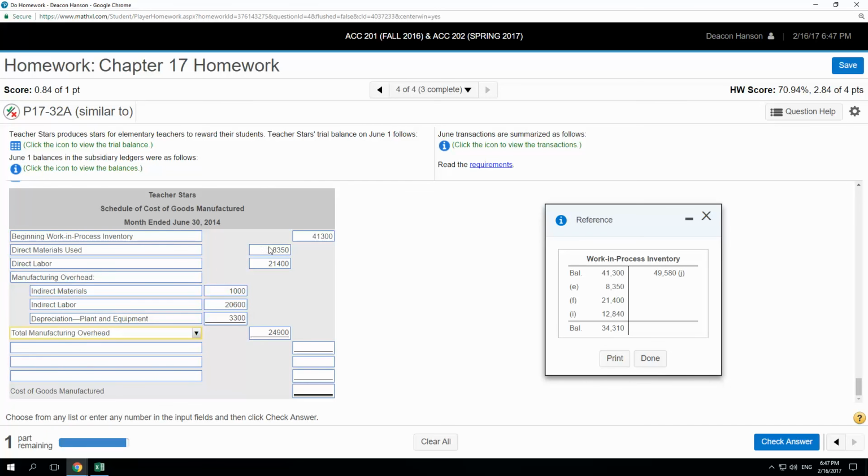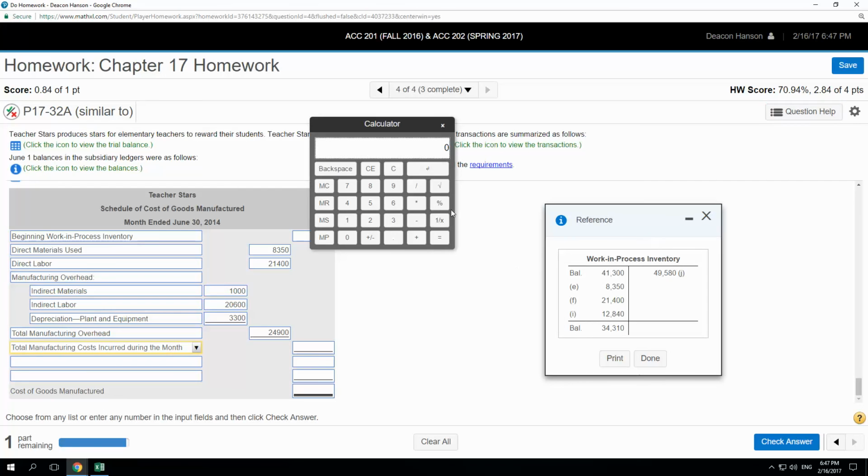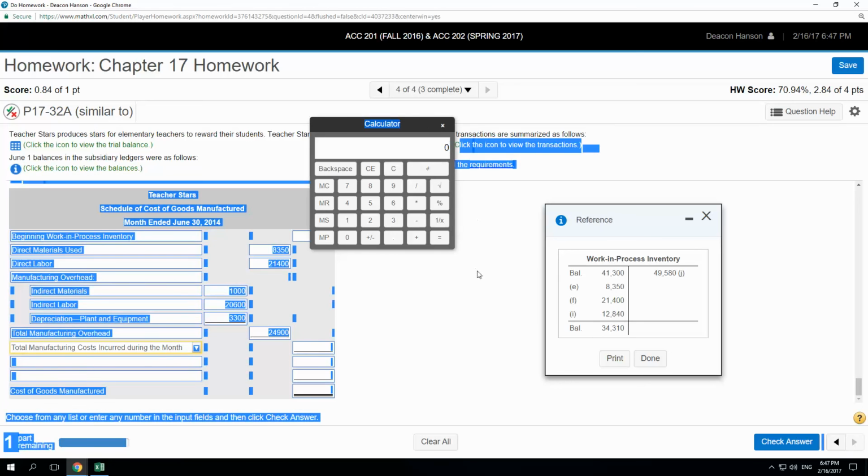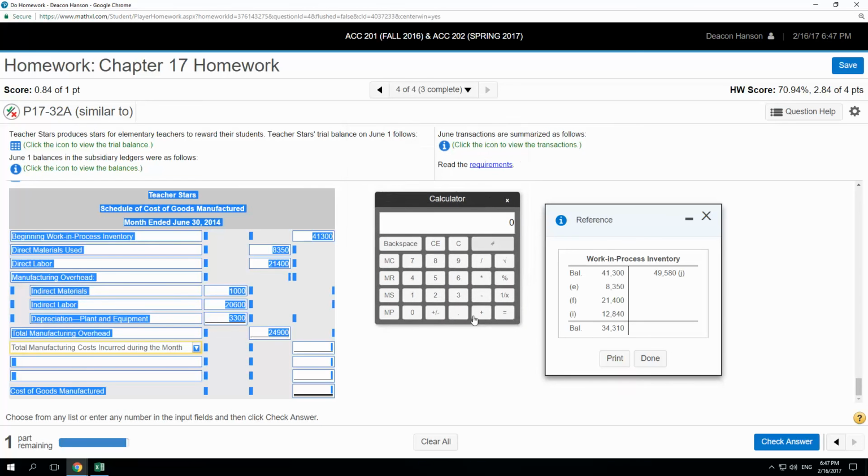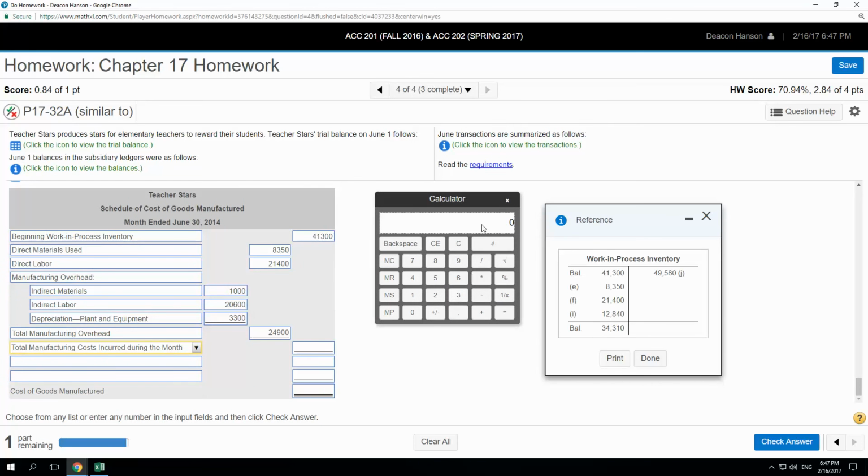So if I add the 3, direct material, direct labor, and overhead, I'll have my total manufacturing cost incurred during the month. So we'll tally those up. So we'll go 8,350 plus 21,400 plus 24,900.